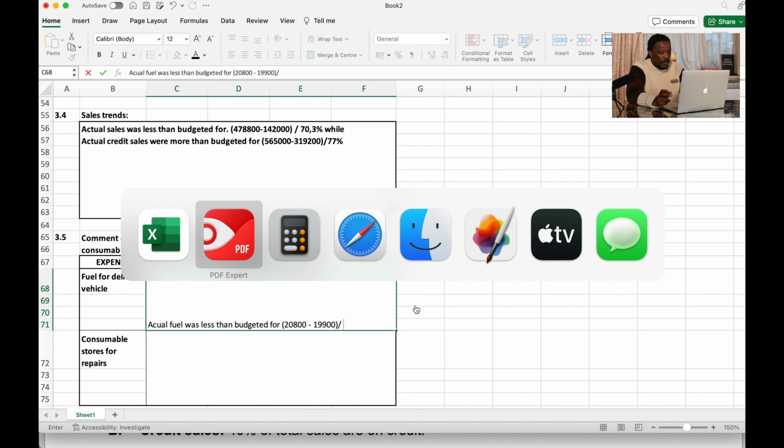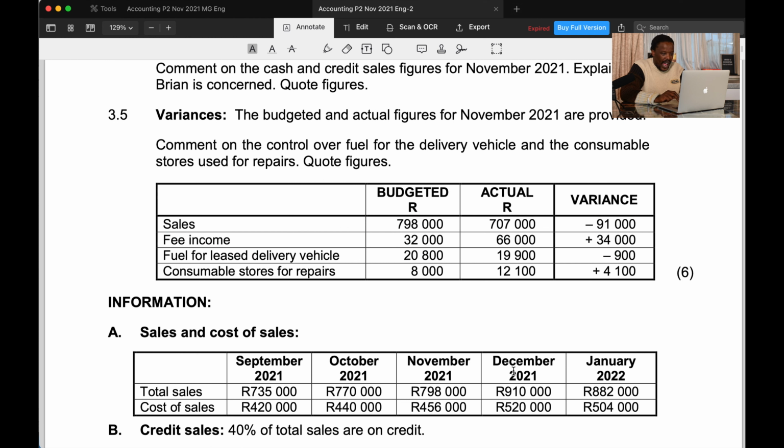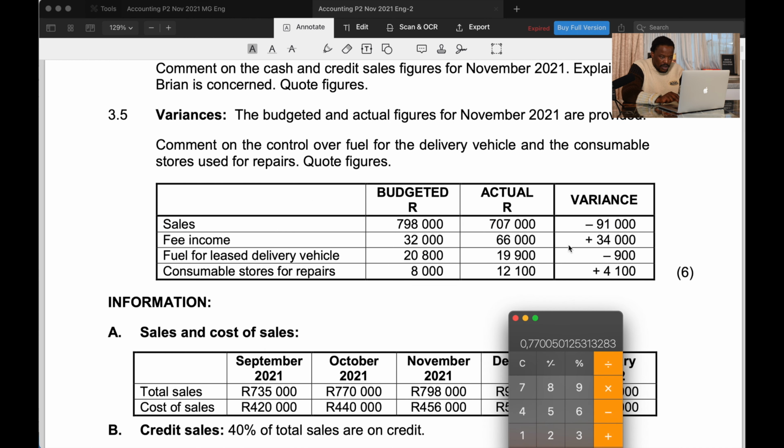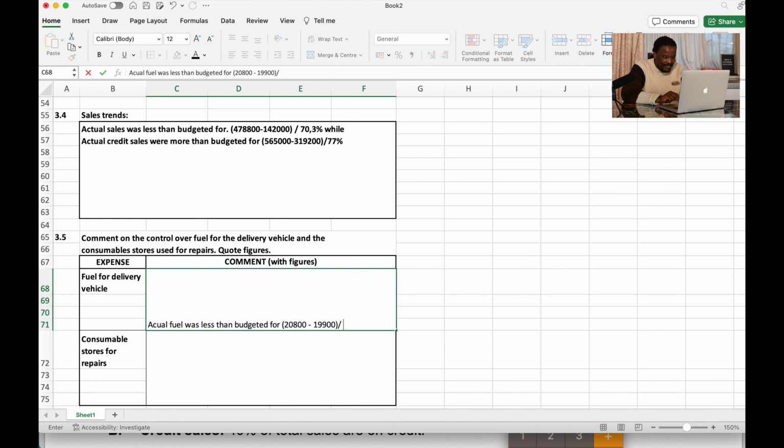And then you show them also the percentage of that. You take the variance because it's already calculated, 900 divided by the budget. How much is the budget? 2,800. Because we're dealing with a cash budget. So that equals 4.3%. And that's it. You got your answer there.